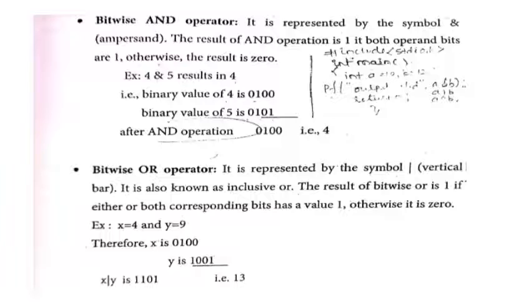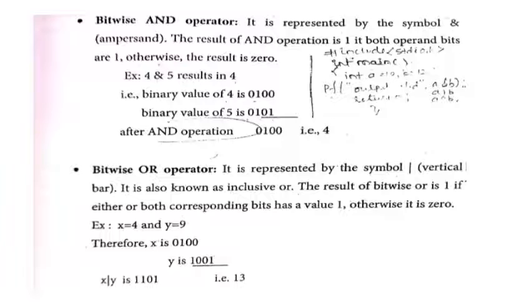Example: x equals 4 and y equals 9. X is represented in binary as 0 1 0 0, y is represented as 1 0 0 1. If I apply the bitwise OR operator, we get 1 1 0 1, because if any one of the corresponding bits has the value 1, then the result is also 1.